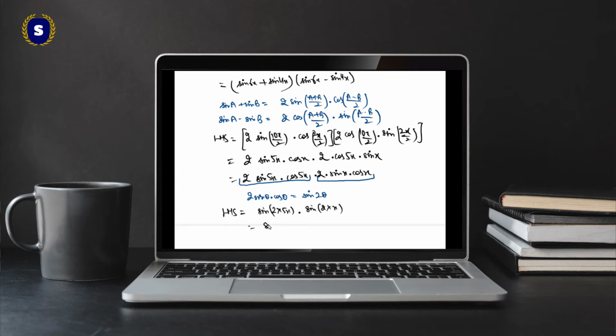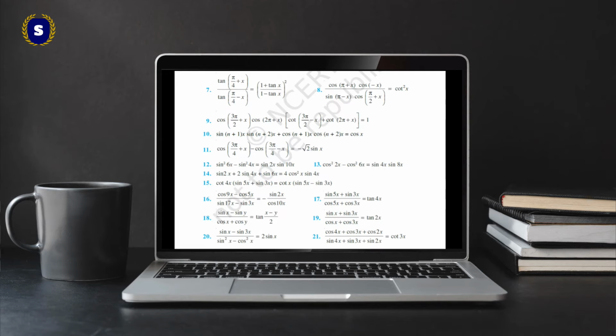So it is sin 10x dot sin 2x, which is equal to RHS. Hence proved. Let's jump to the next question, that is question number 13.